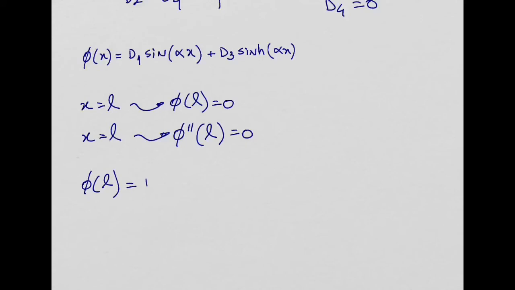Phi L is going to be equal to d1 sine of alpha L plus d3 hyperbolic sine of alpha L, and this needs to be equal to 0.